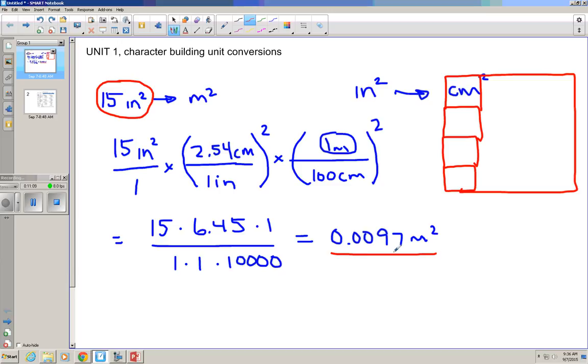So that's why this number value is so much smaller than what you started with. And that's okay. Anyways, these are challenging unit conversion problems, which shouldn't be so challenging anymore now that you know the secret behind it. Okay? That's a wrap.